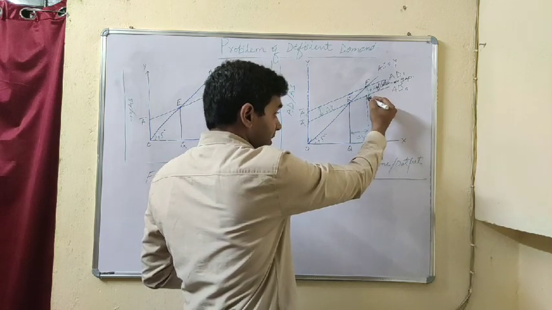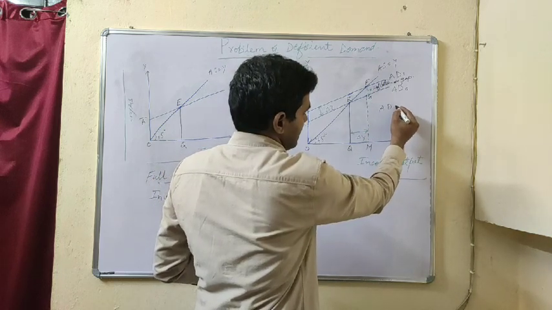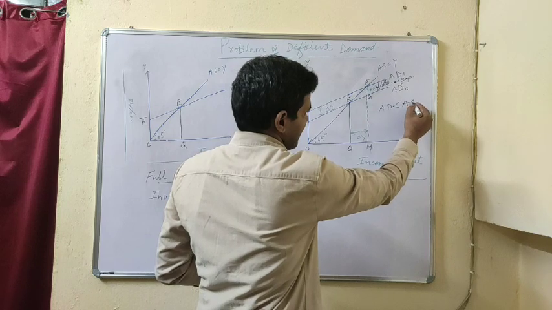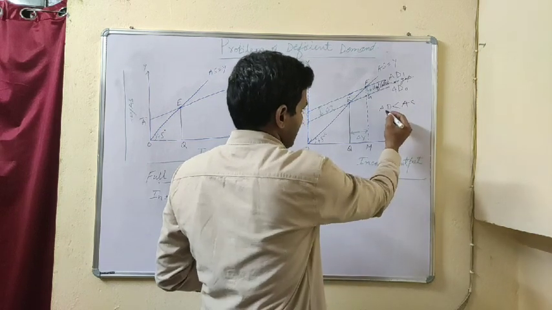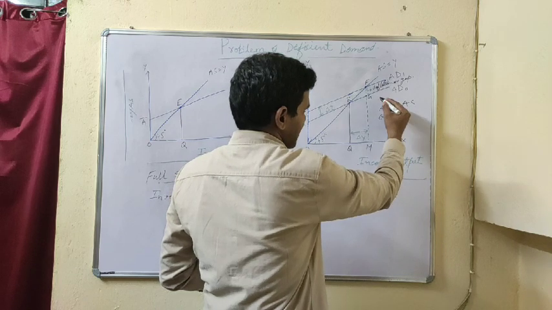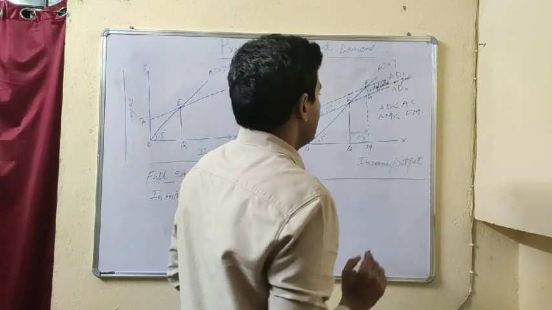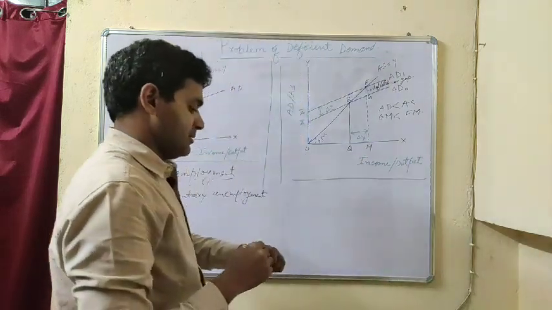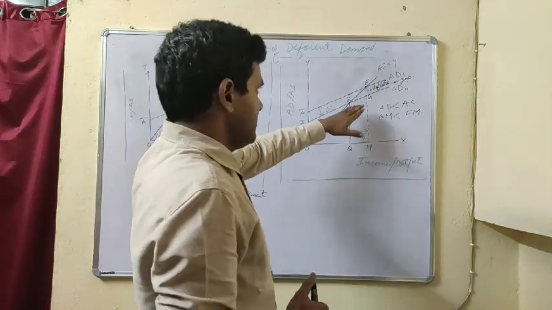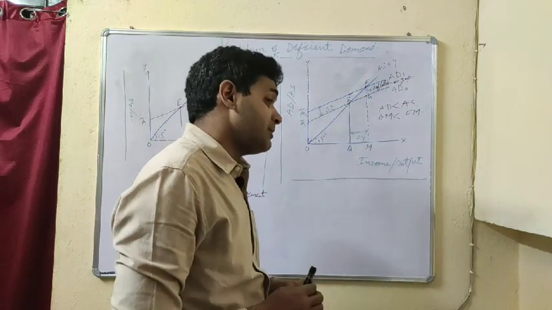So aggregate demand is only Gm. Here AD is less than AS, or Gm is less than Fm. So this is the situation where a deflationary gap is there.